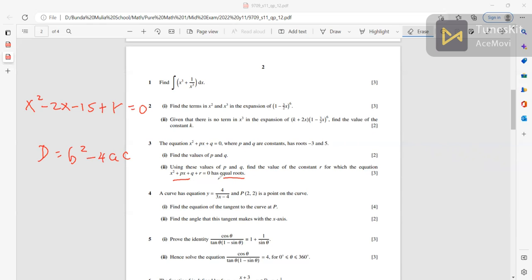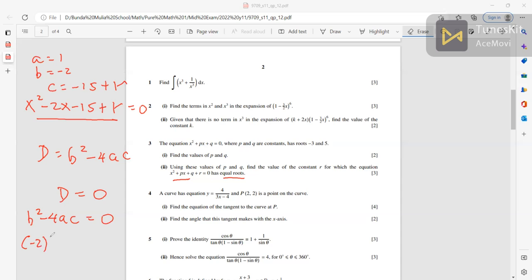Here it says it has equal roots, so the discriminant equals 0. We have a equals 1, b equals minus 2, and c is minus 15 plus r. We input into the formula b squared minus 4ac equals 0.